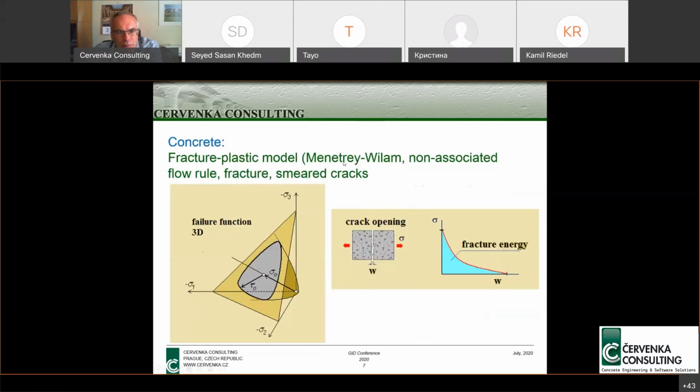This concrete model is using this 3D criterion, as you see on the left. And it is combined with a cracking model to simulate this crack opening law, as shown on the right, where the softening law controls the release of energy during the cracking process.